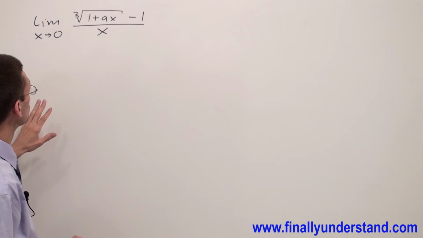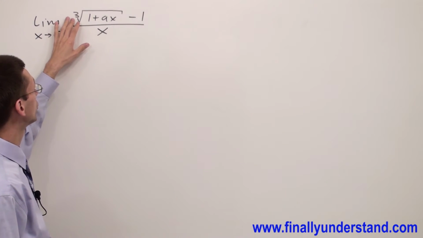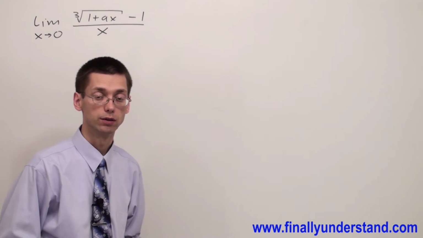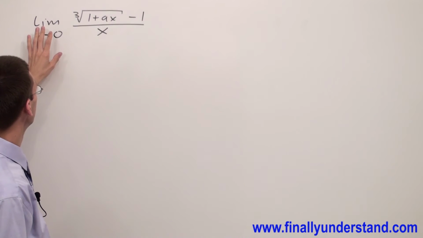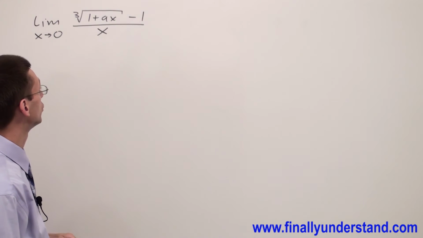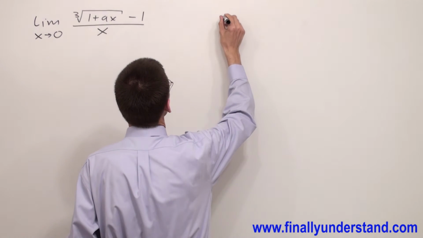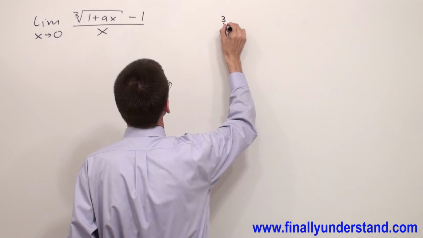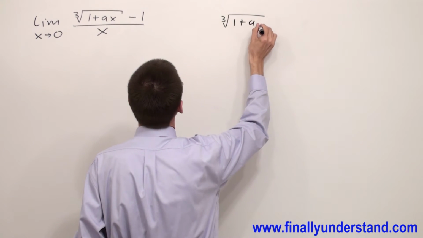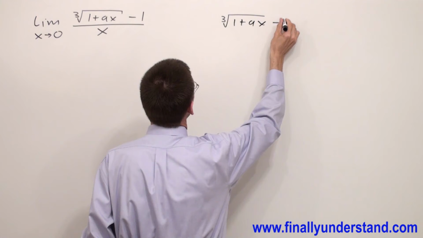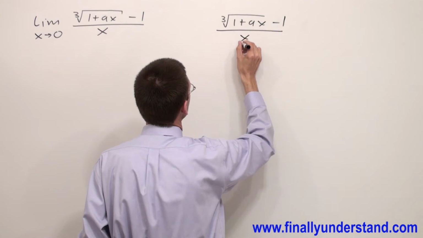How am I supposed to approach this problem? This problem is a little bit complex because I have cube root in the numerator. I'm going to forget for a moment about the limit, and I'm going to copy down this function on the side. I have cube root of 1 plus ax minus 1 over x.